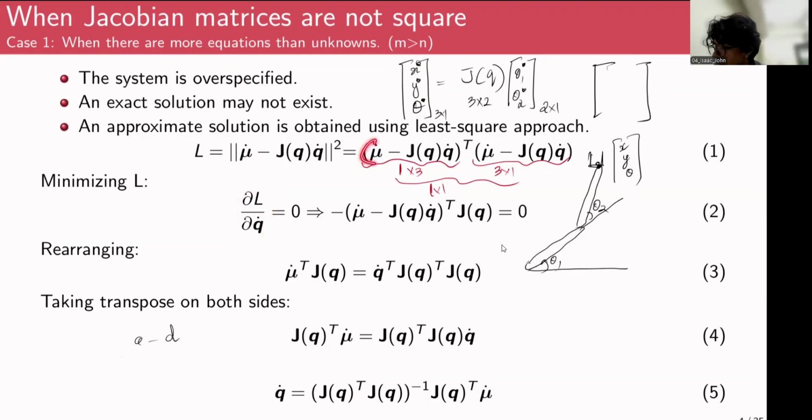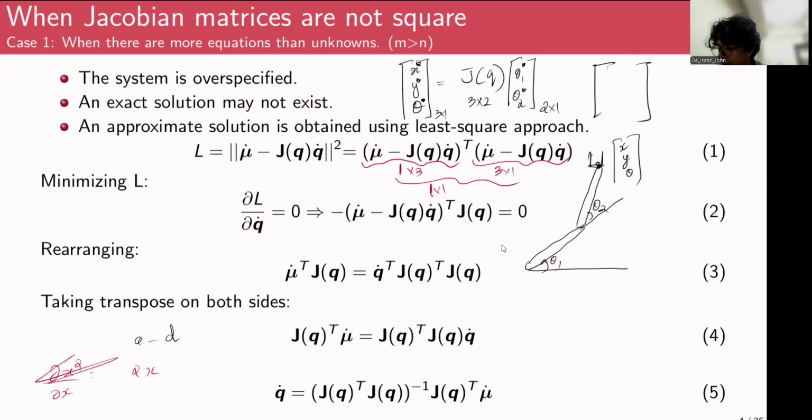If you have your objective function defined as such, taking the derivative of this objective function would give you this expression. It's nothing complicated, because if you take the derivative of x square with respect to x, you will get 2x.